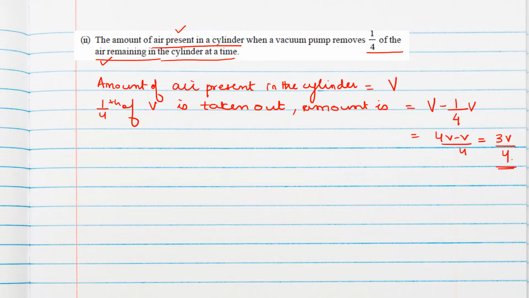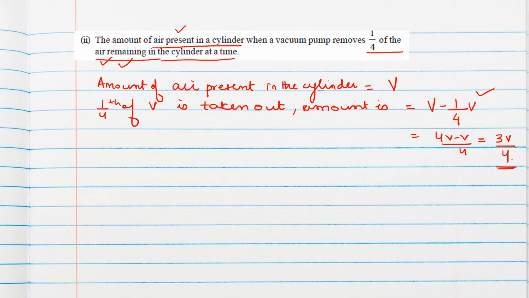So from this remaining part, again we have to take 1 by 4th of the remaining, not the original. So every time you should not subtract 1 by 4 of V. 1 by 4 of the remaining you should subtract.